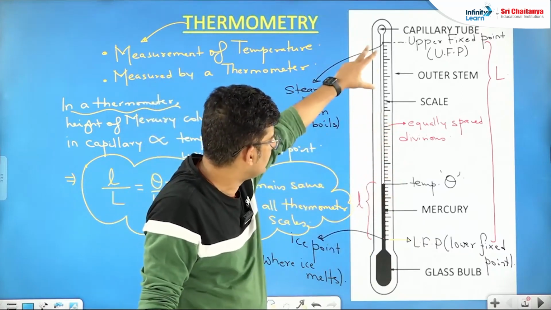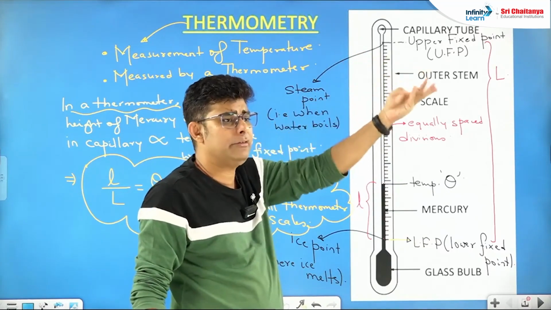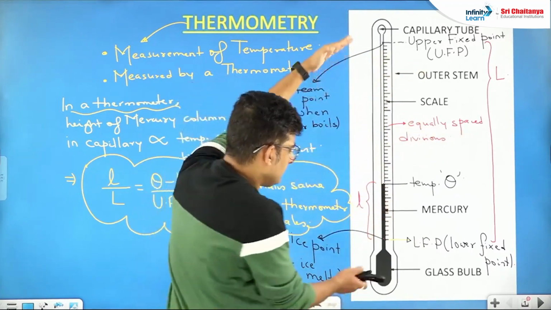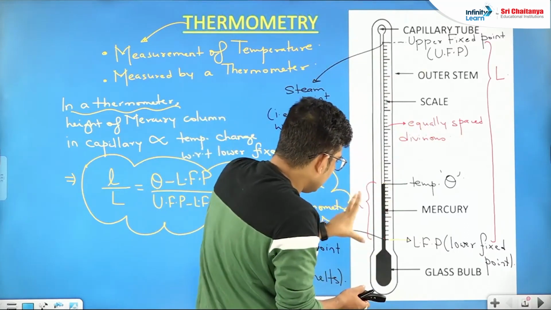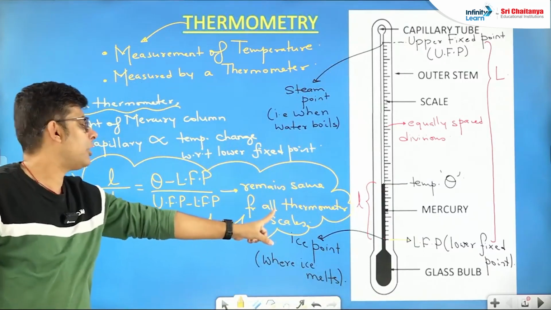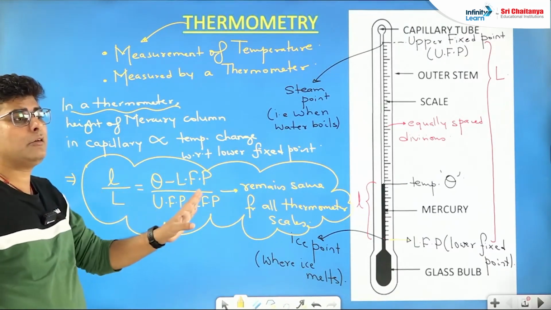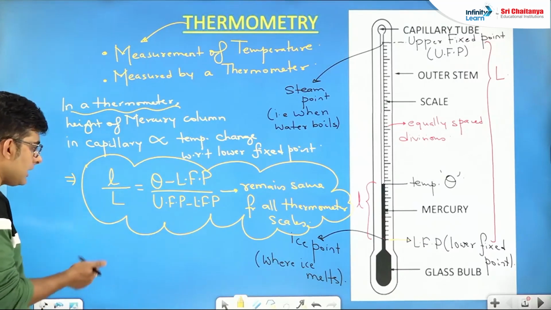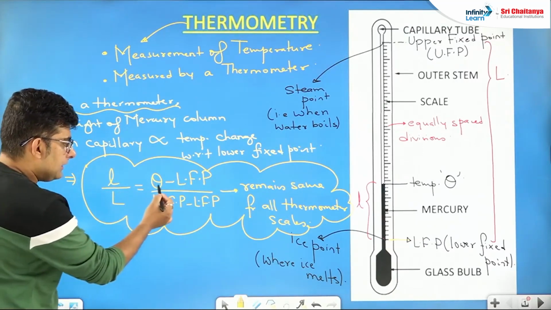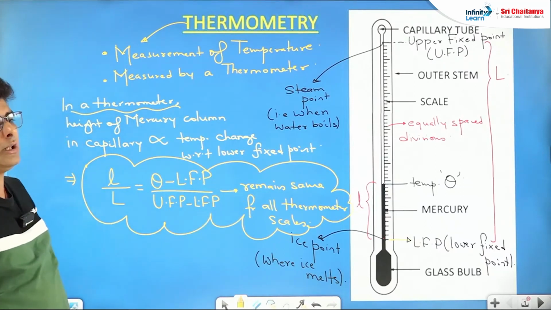I can give different units or thermometer scales, Celsius, Kelvin, Fahrenheit and so on. Now this is fixed, mercury has risen up to this, so small l by capital L, this value will remain the same for all thermometer scales. Okay, so this is the basis of any thermometer. What we have to remember, small l by capital L, that is theta minus LFP by UFP minus LFP, remains the same for all thermometer scales.